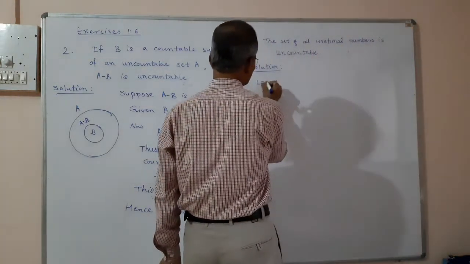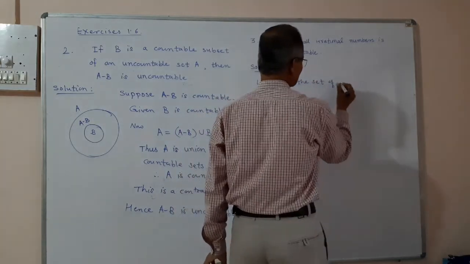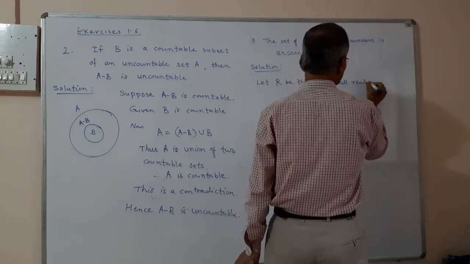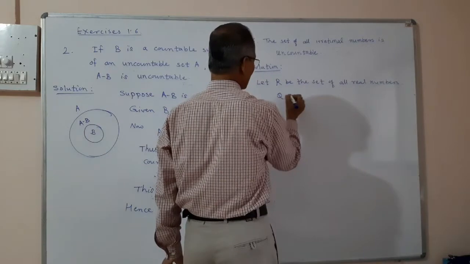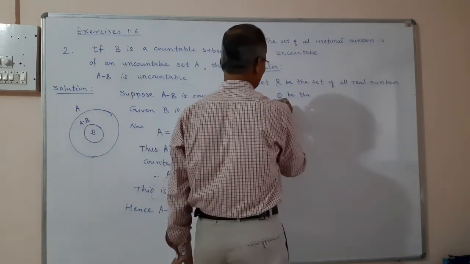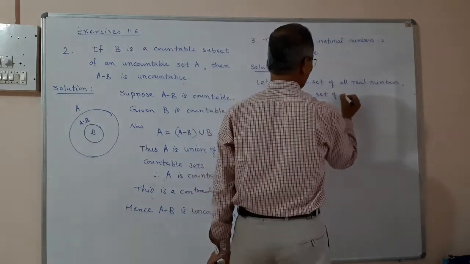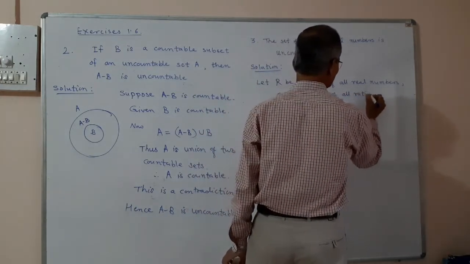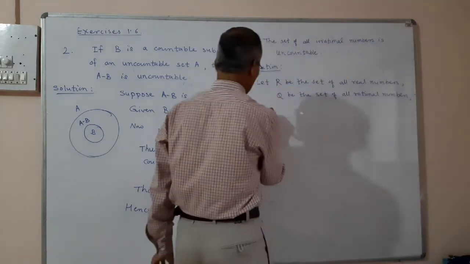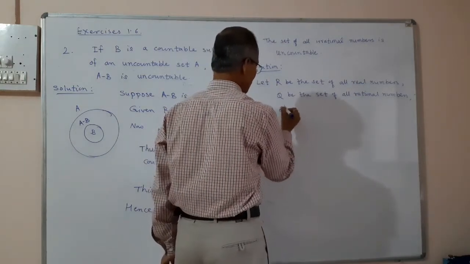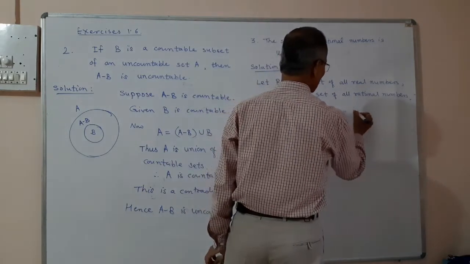Let R be the set of all real numbers, Q be the set of all rational numbers, and Q dash be the set of all irrational numbers.